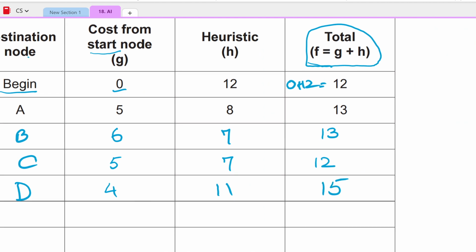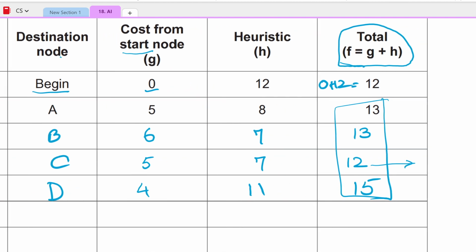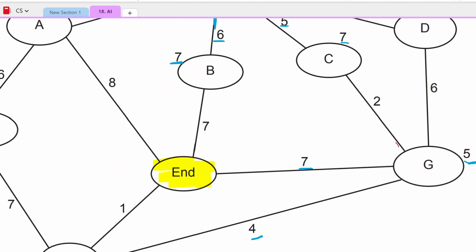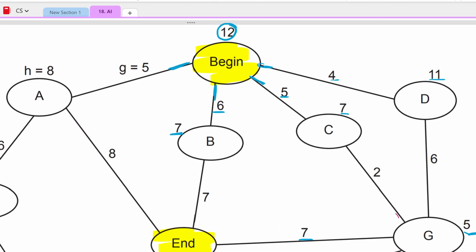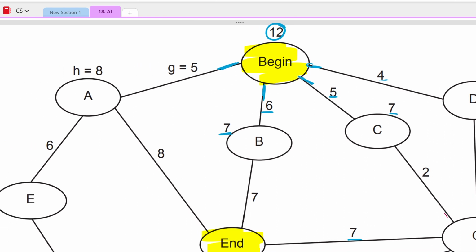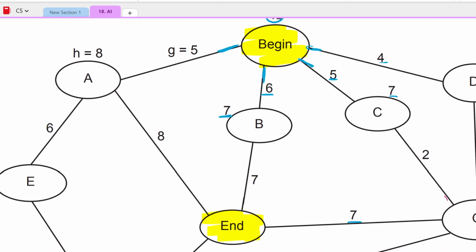Now from begin we have these 4 paths that we can go. Out of these paths we can see that begin to C has the least number of F. So we are going to go from begin to C.